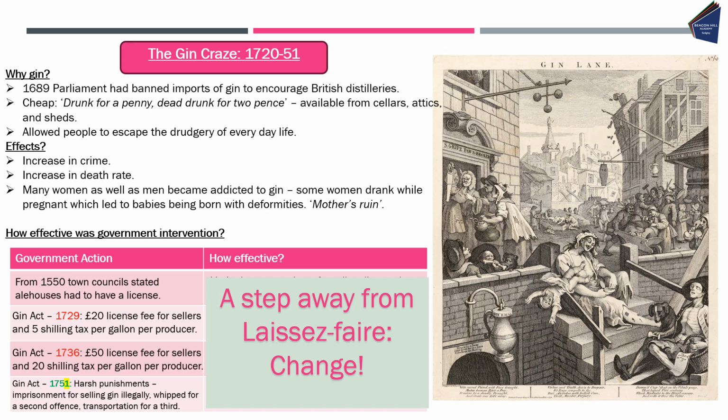They are intervening, and the final Gin Act had a huge success because people were consuming less gin. So if you are to know one Gin Act for the exam, please let it be 1751, and just refer to the fact that it's a step away from laissez-faire, which is a huge change from medieval. The government are intervening because there is a public health crisis due to the amount of gin being consumed.